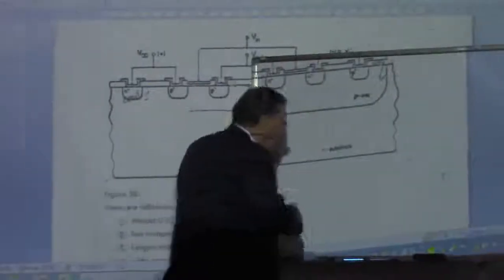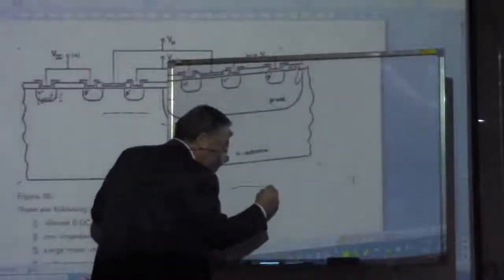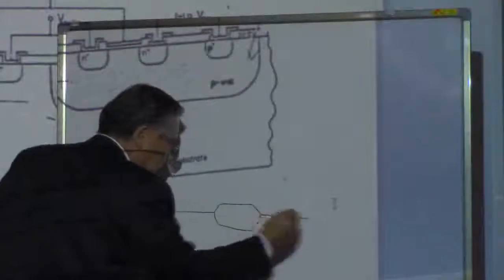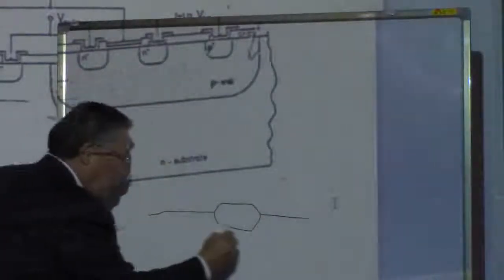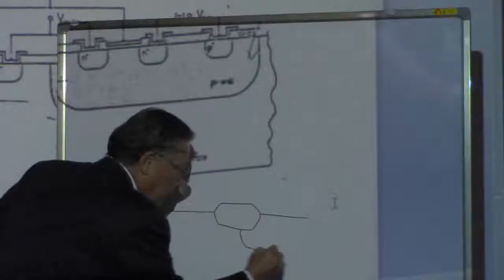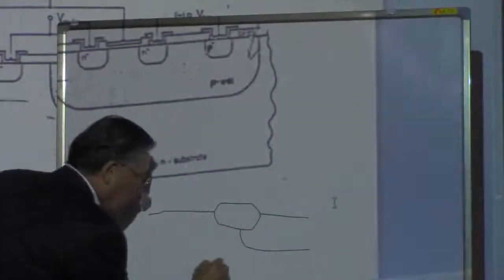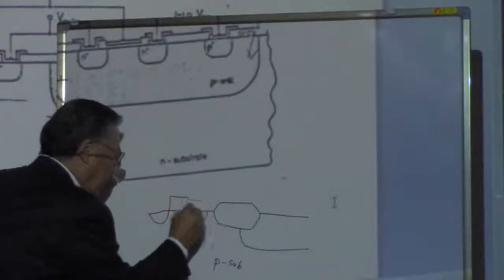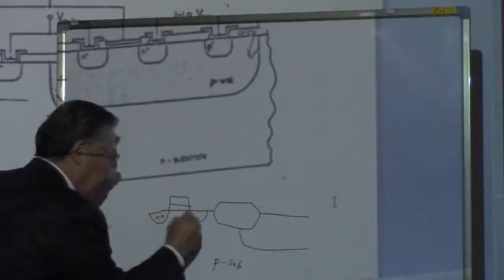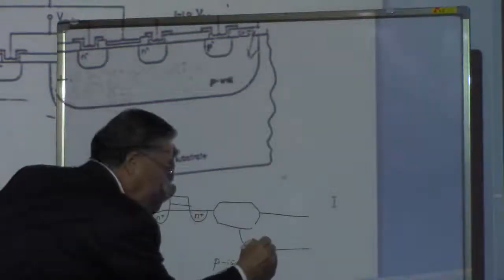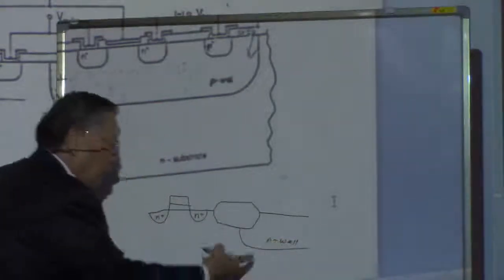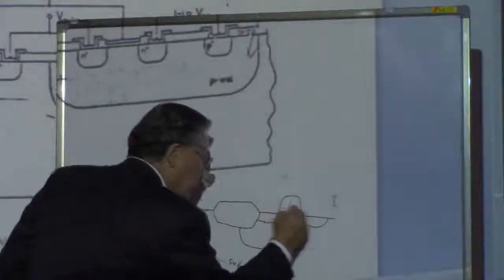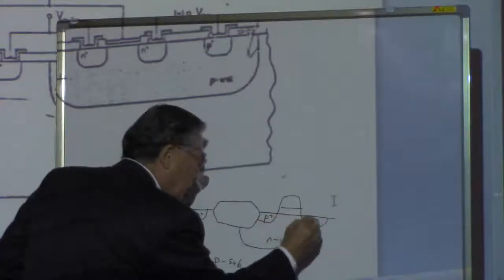If you set the P substrate and then build an NMOS, N plus and N plus, and then N well by ion implantation, and then form a PMOS, P plus, P plus.